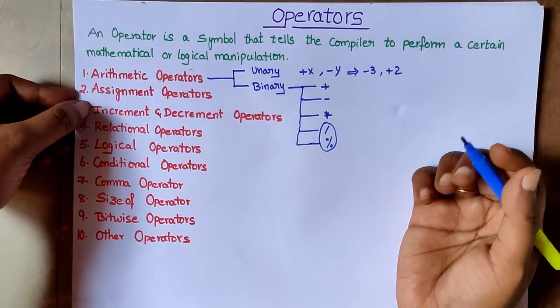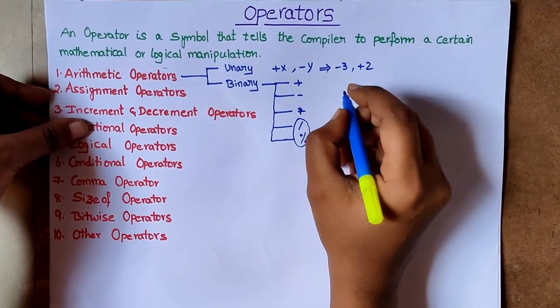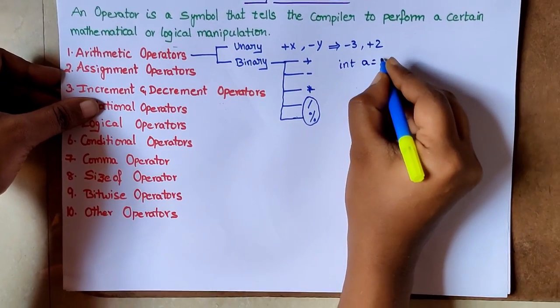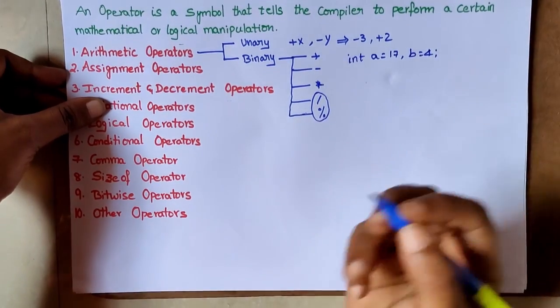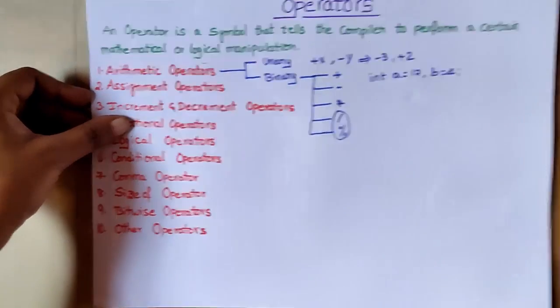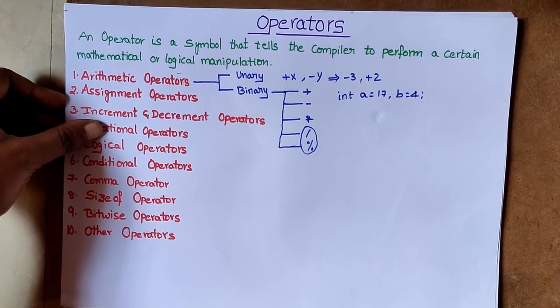First I am going to take positive values in integer: int a equal to 17, b equal to 4. Now I am going to do the operations addition, subtraction, multiplication, division and modulus.